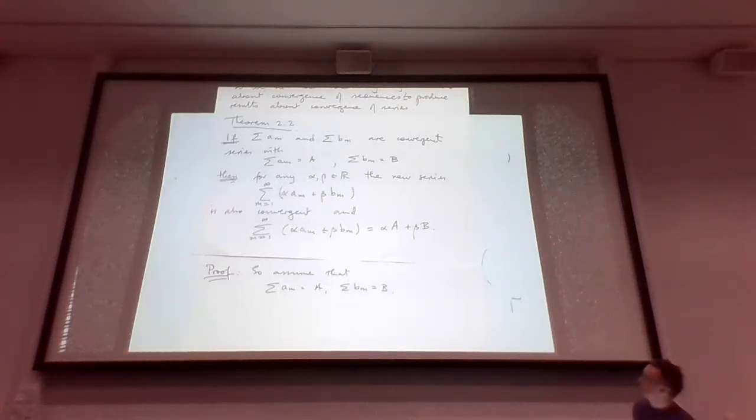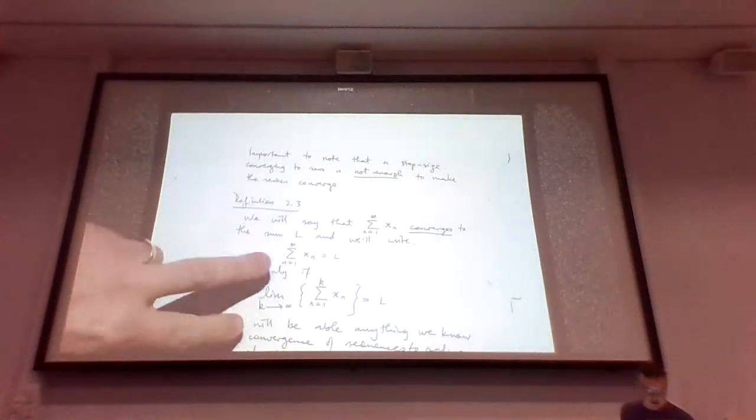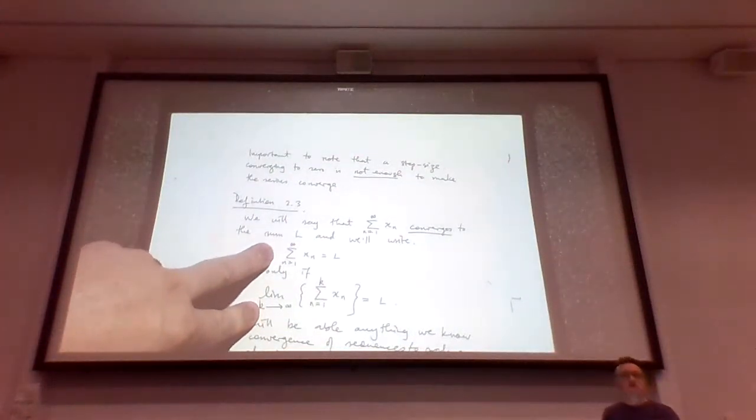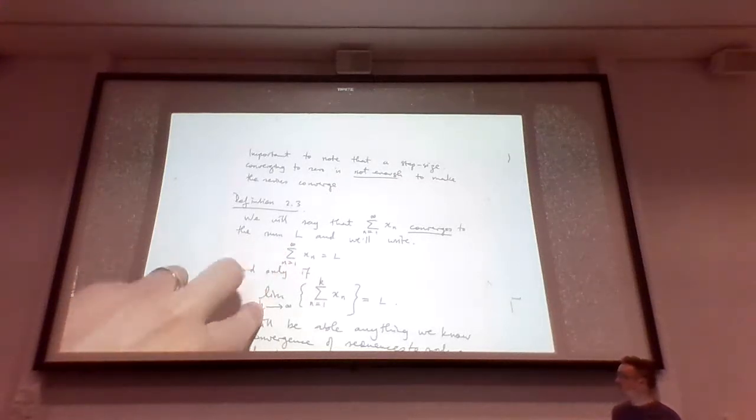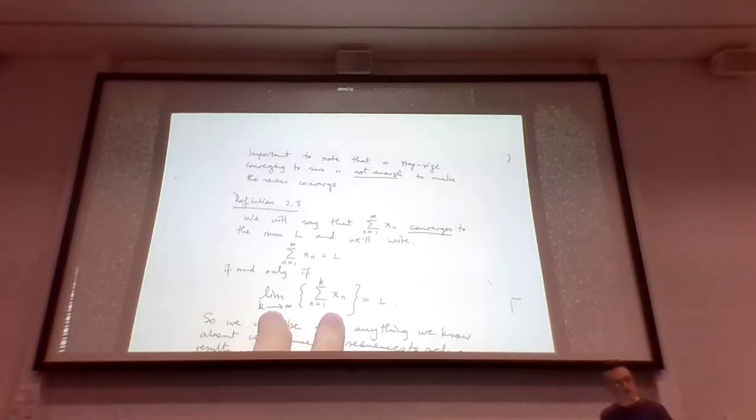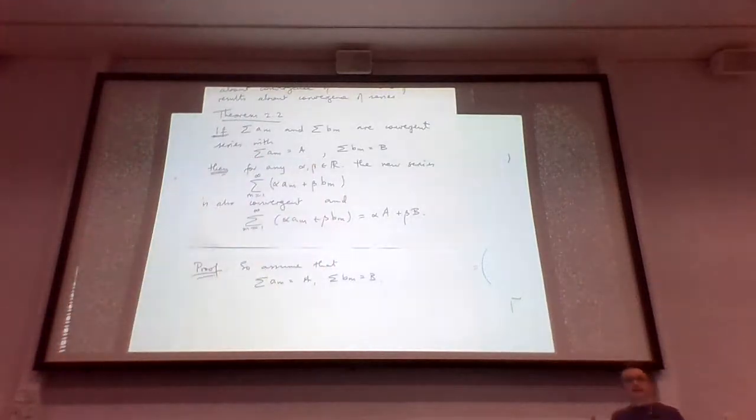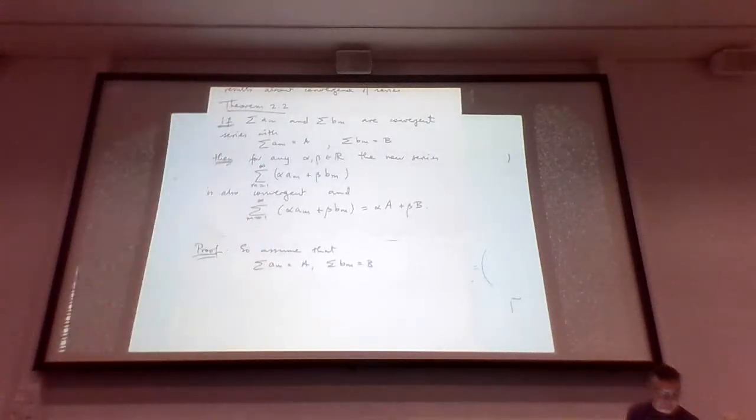The things we have available to produce the proof are the definition of what we mean by convergence for a series, the idea that the sum of a convergent series is the limit of its sequence of partial sums, and anything we know about the convergence of sequences, which we've already proved in the weeks up to now. So we can use the definition of what it means for a series to converge, and anything we know about convergent sequences.